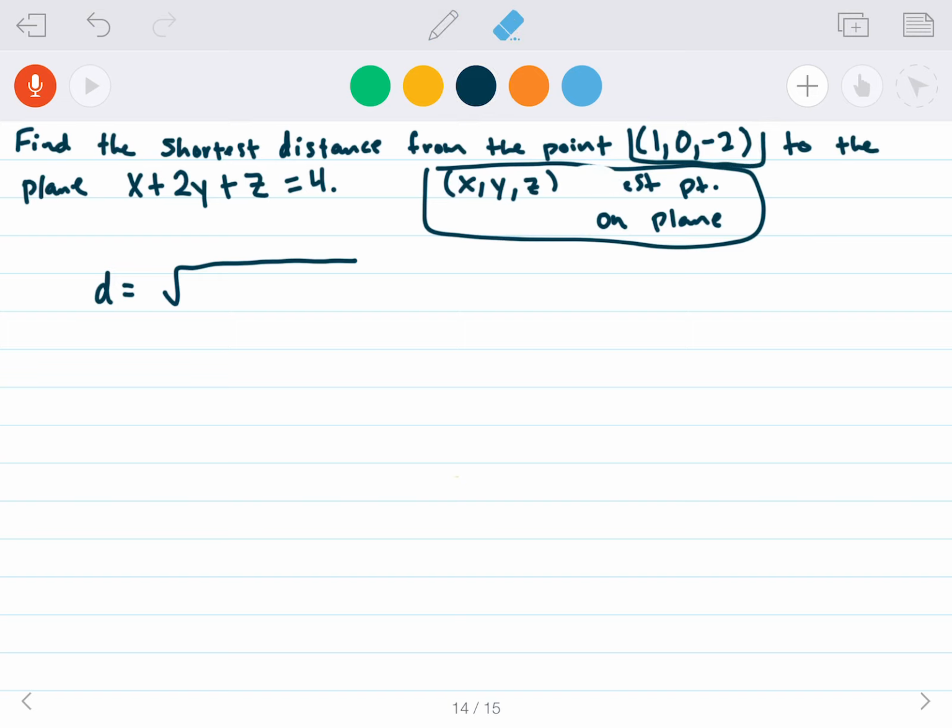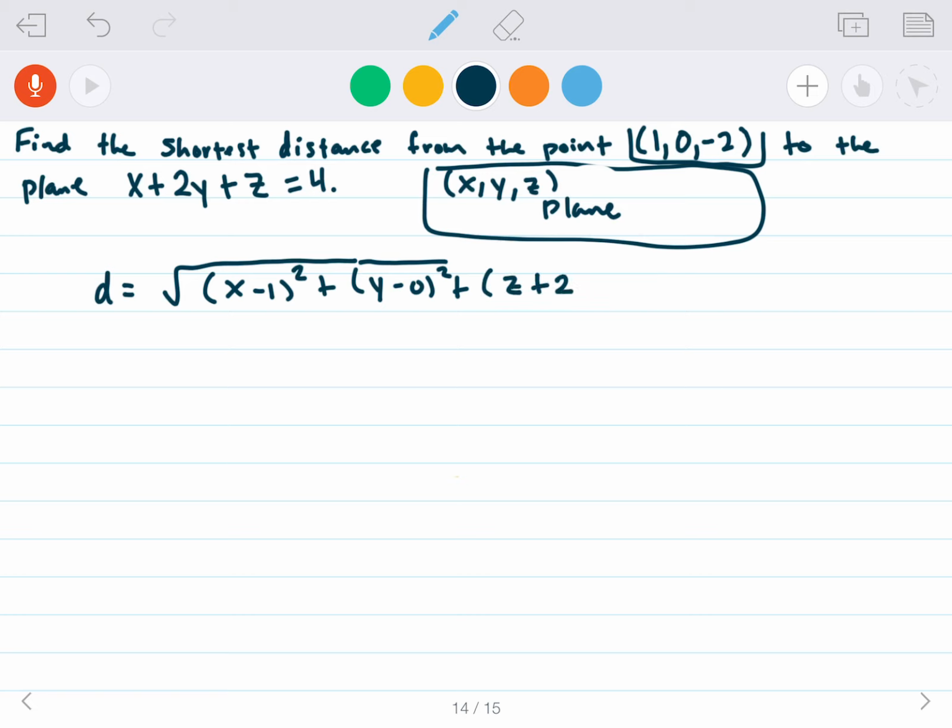And maybe I should just leave x, y, z as it is there. Alright, so let's go ahead and use our distance formula. We have (x - 1) squared plus (y - 0) squared plus (z - (-2)) squared, so that becomes a plus 2 squared.